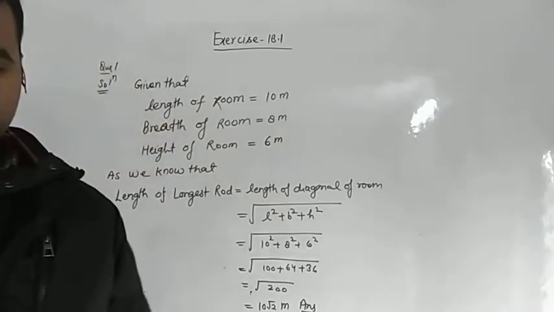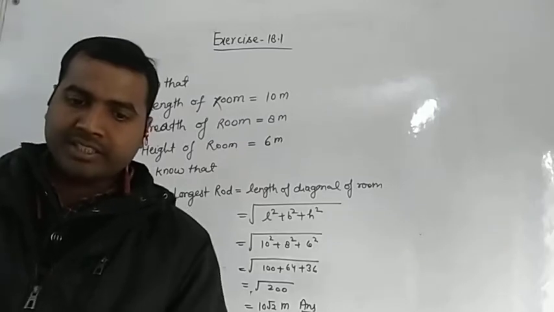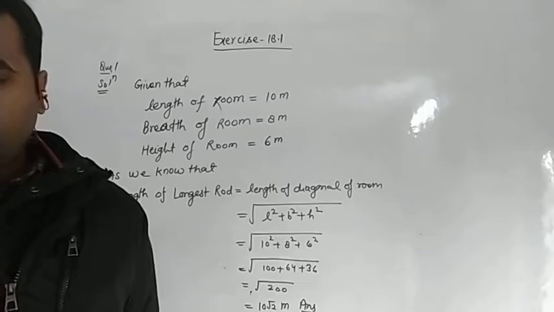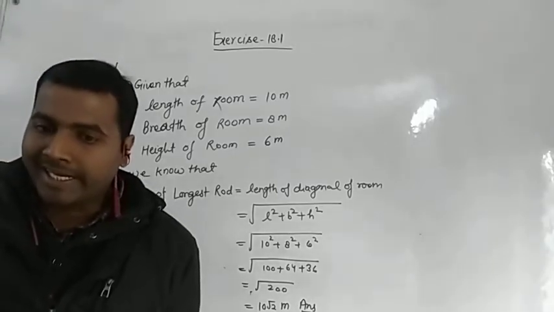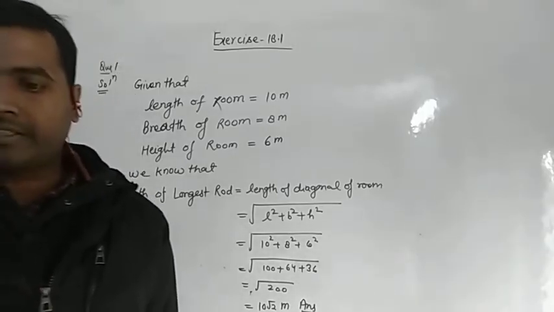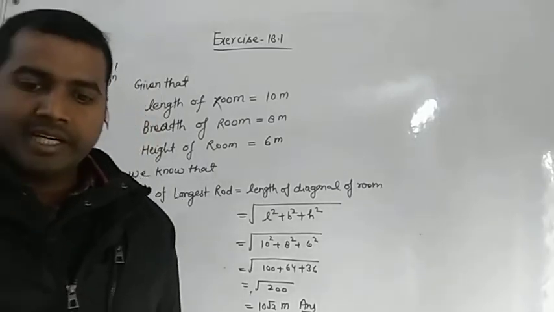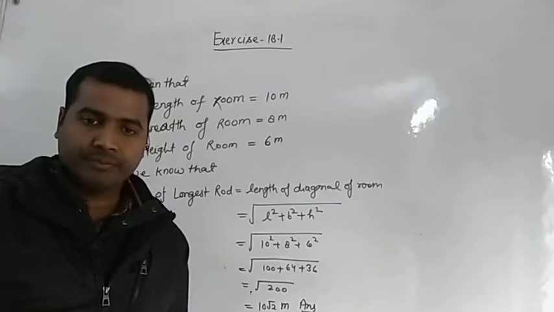Now, question number second: if the sum of the length, width and height of a cuboid is 19 centimeter and its diagonal is 5 root 5, then find its surface area.